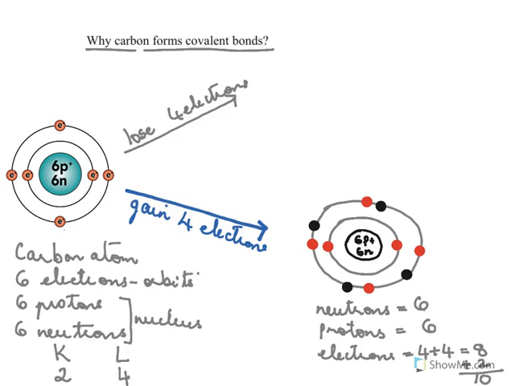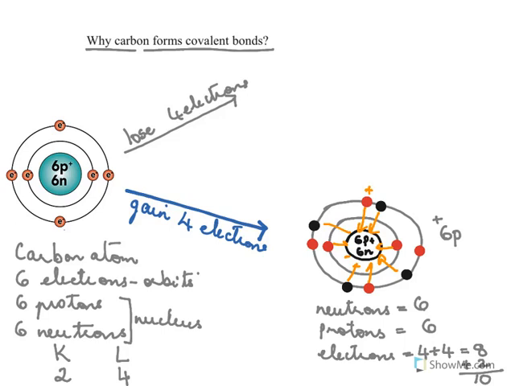Now the 6 protons inside the nucleus would find it very difficult to hold on to 10 electrons. We have 6 protons which are positive. And why do the electrons remain revolving around the nucleus? Because there is always a force of attraction. The electrons are negatively charged while the nucleus is positively charged, and these electrons hold on to the nucleus.